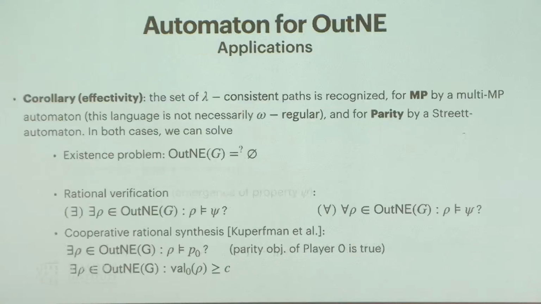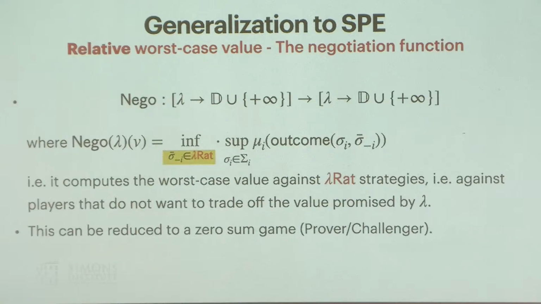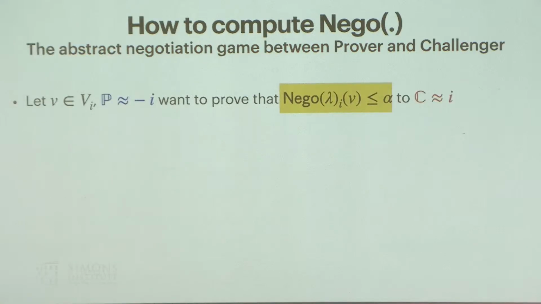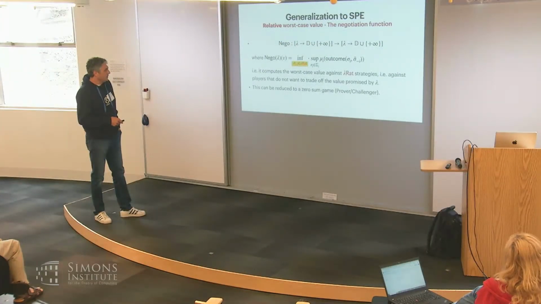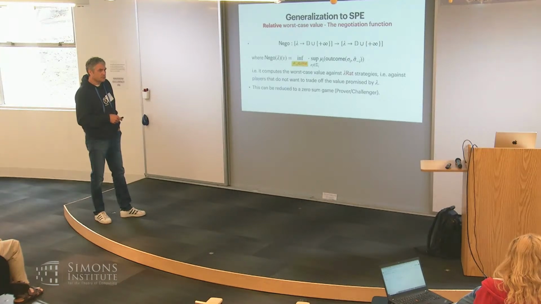Okay, so let's try maybe to understand what happens on one example. It is clear that you cannot get exactly this value, so it's a limit value. There may be a profile that doesn't get this value, but it may be that player I actually gets more than this value, because it's also the limit on the other side.